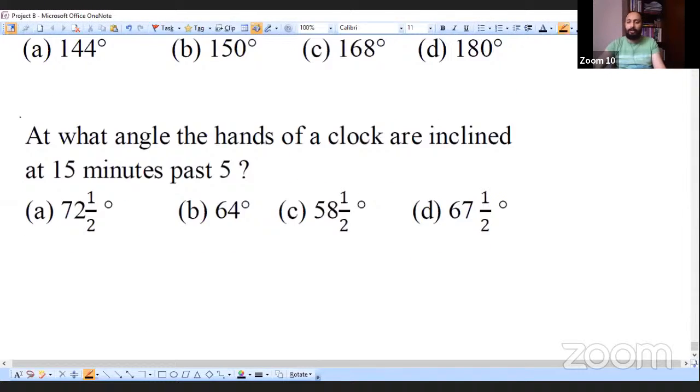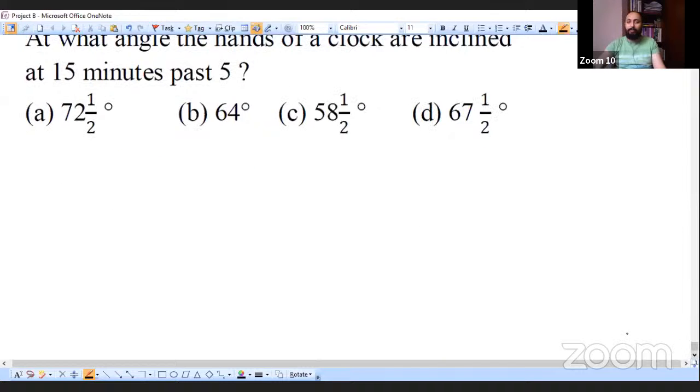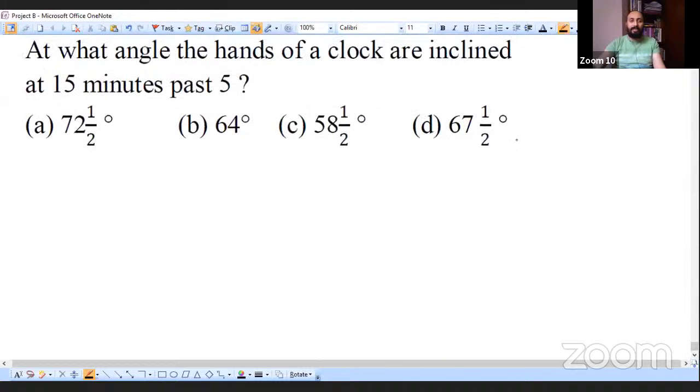Okay, what about this? It got inclined at 5:15, a quarter past 5. What is the meaning of this question?